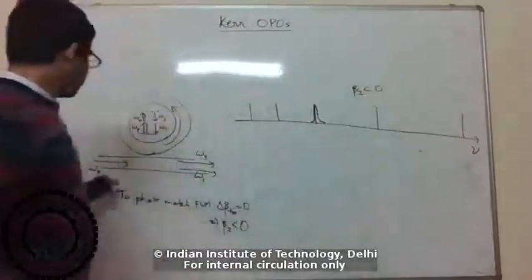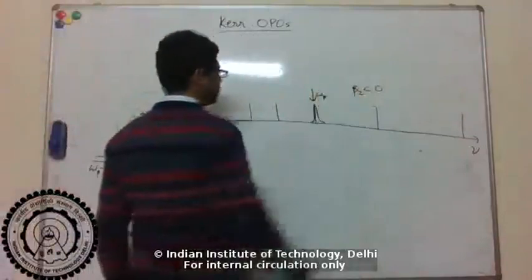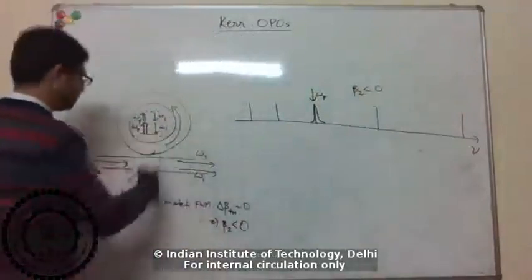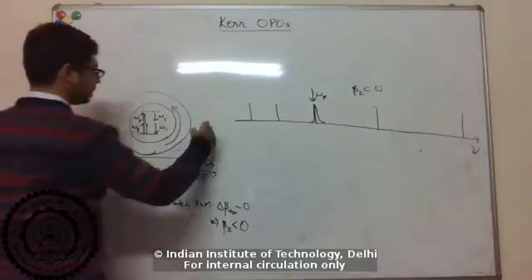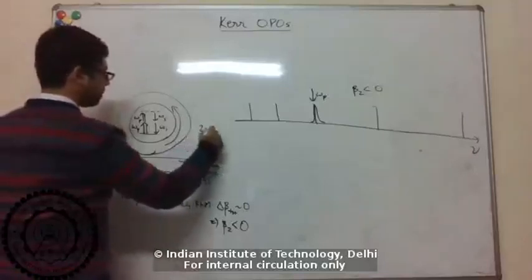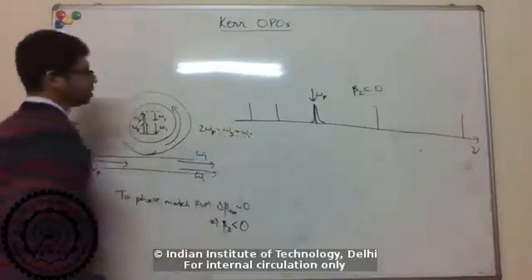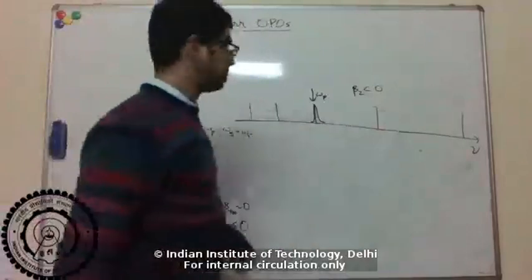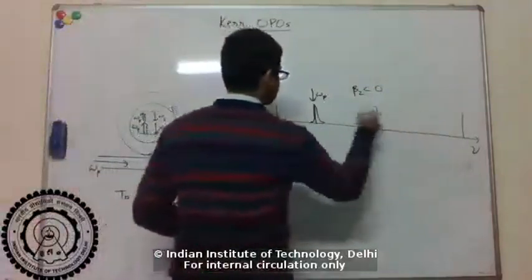Again, this is beta 2 less than 0. So what we do is we pump at one of the resonance frequencies. Energy conservation implies that 2 omega p is omega s plus omega I. That means omega s and omega I have to be equally spaced about the pump.